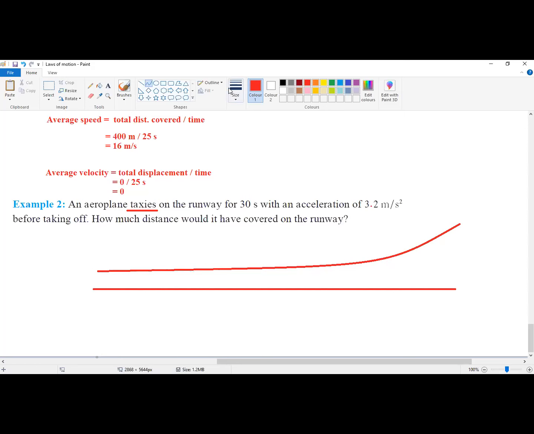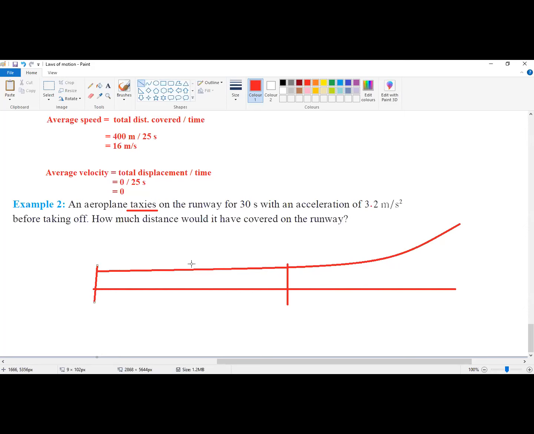For a certain period of time, it moves along the ground surface, and slowly and gradually it starts taking off. So this movement along the ground surface is what we call taxiing.